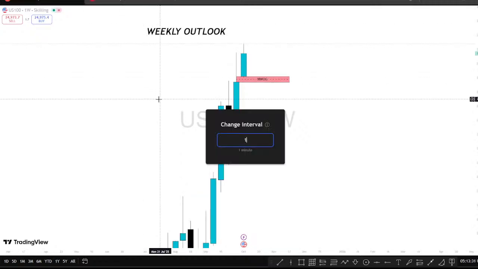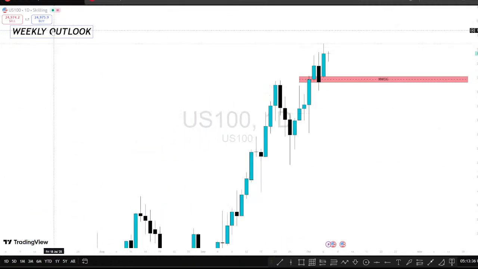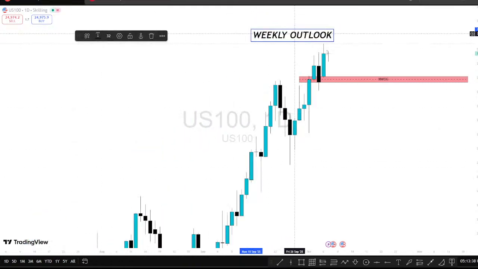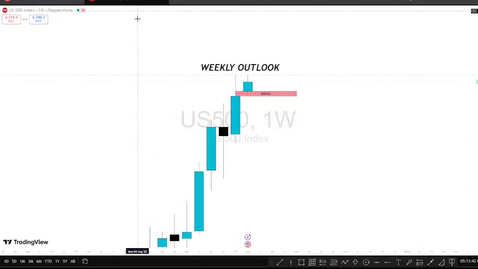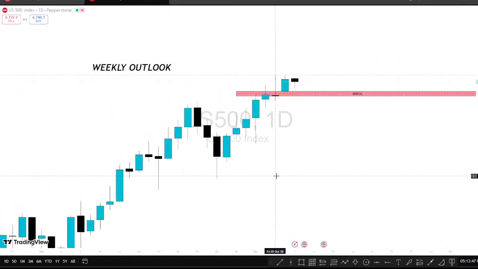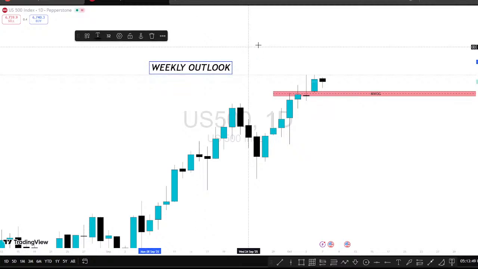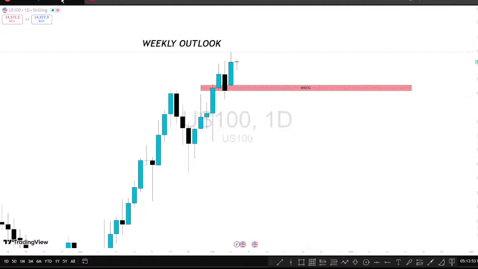So let's go down to the daily chart where we will look at more levels that I want to see being respected throughout this week. When I go down to the daily chart, what I noticed is that we have a very interesting bullish fair value gap on NASDAQ US100. This fair value gap formed on the 1st of October.